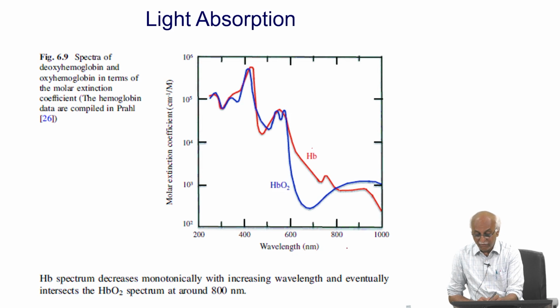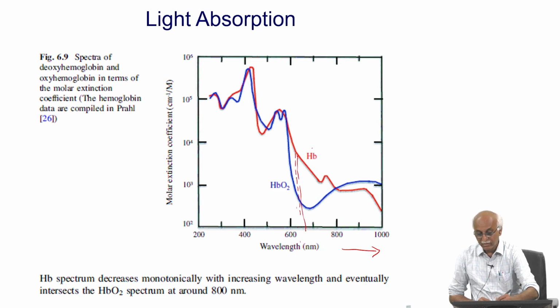The x axis is wavelength, and around 650 nanometer or so, around this wavelength, you see that there is a large difference between hemoglobin and oxyhemoglobin. Around 800 nanometer or so is the isosbestic point.